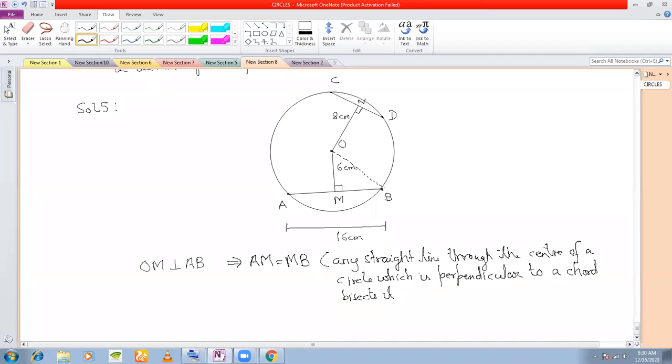That was the statement of the theorem. We have written that. So AM is equal to MB.